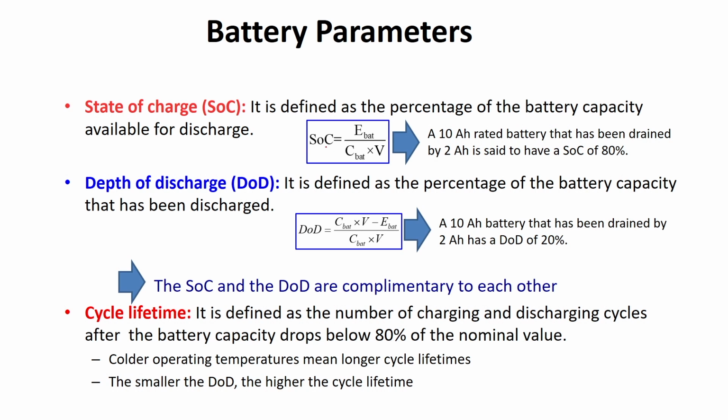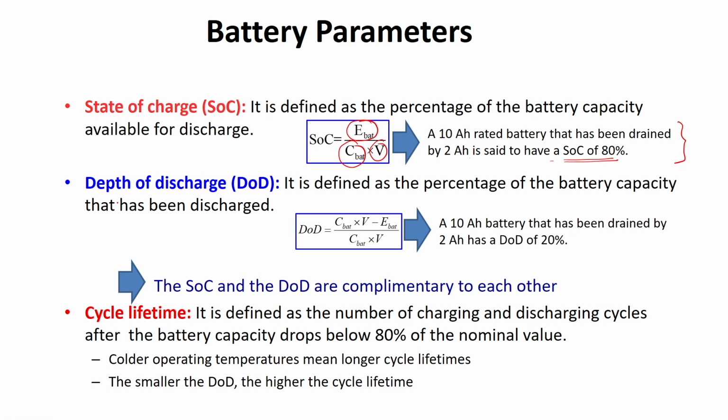Mathematically, SOC is equal to E bat over C bat times V, where E bat is the energy of the battery, C bat is the battery capacity and V is the voltage. Here, a 10 ampere hour rated battery that has been drained by 2 ampere hour is said to have a SOC of 80%. That is how we define SOC.